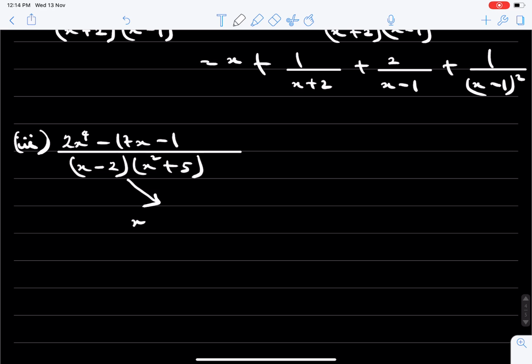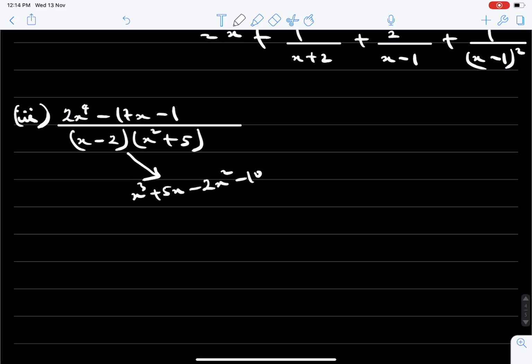So x minus 2 times x squared plus 5 is going to be x cubed plus 5x minus 2x squared minus 10. That is x cubed plus 5x minus 2x squared minus 10.